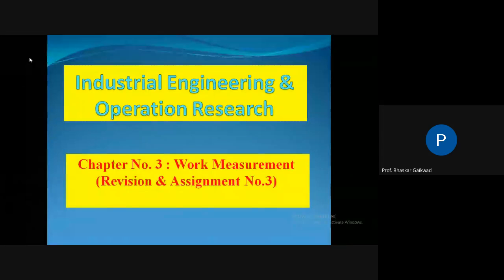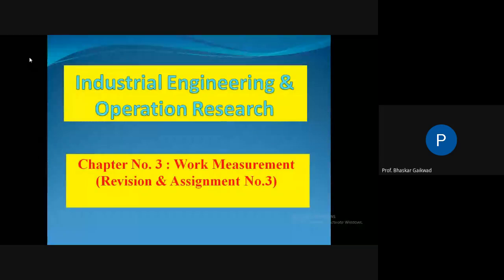But before that, what are the steps that you have to remember in work measurement? First of all, you have to select the job, record the job, and after that break down the operations into elements.